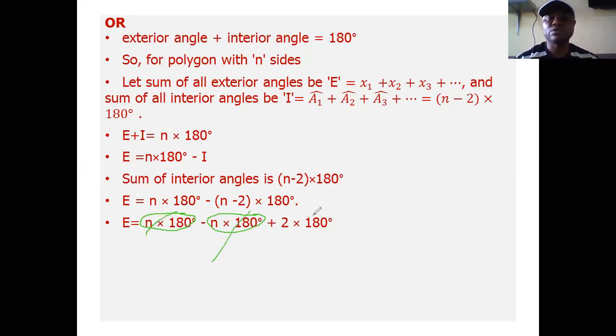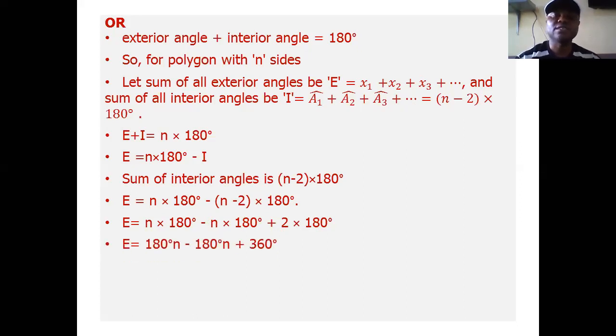So you are left with what? 2 times 180, which is actually 360 degrees. So with this simple step, I have shown you that the sum of the exterior angles of any convex n-sided polygon is 360 degrees. As you can see, it's just a simple proof.